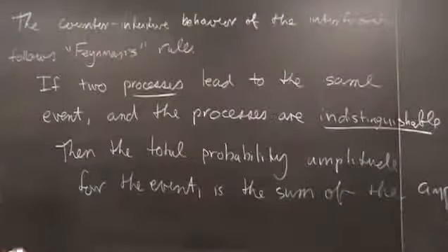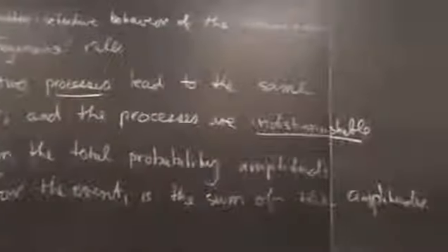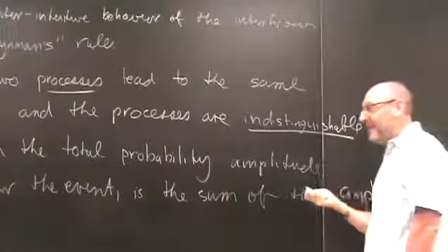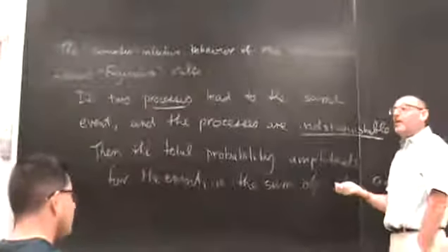Okay. So, what that means is that whereas classically, if we have logical OR, we said we added probabilities. Quantum mechanically, if we have logical OR, we don't add the probabilities, we add the probability amplitudes.